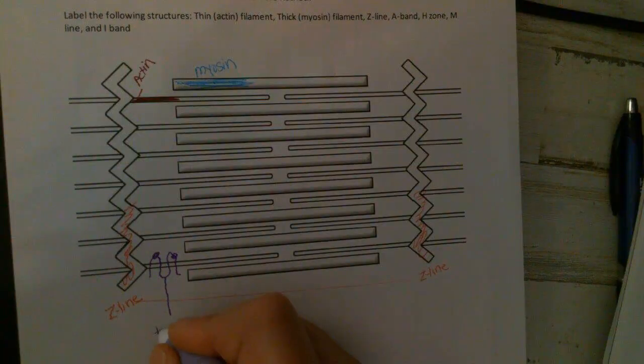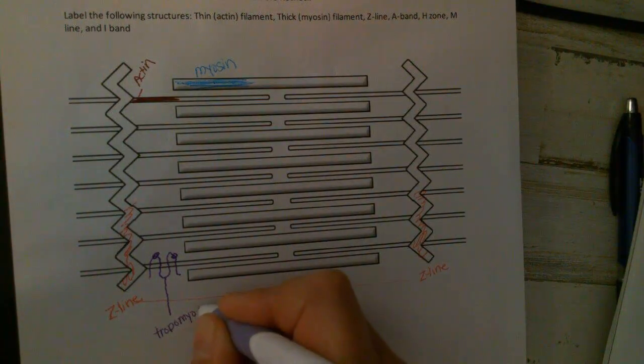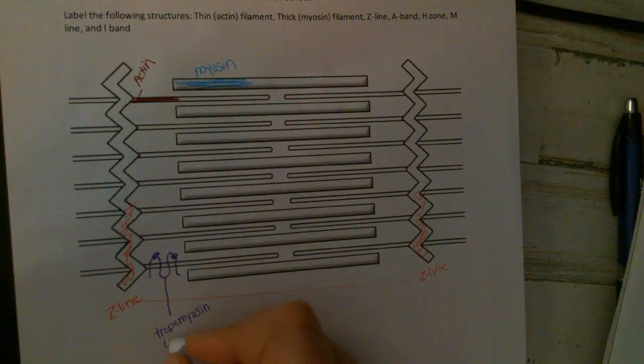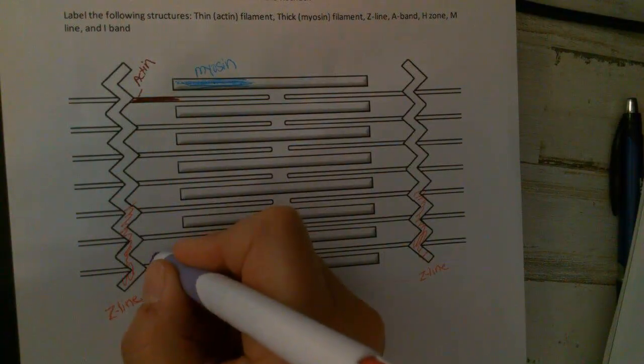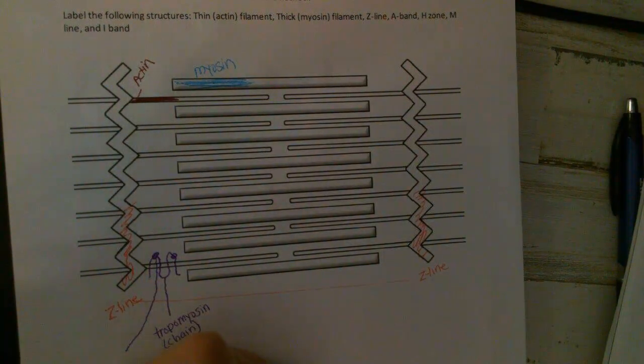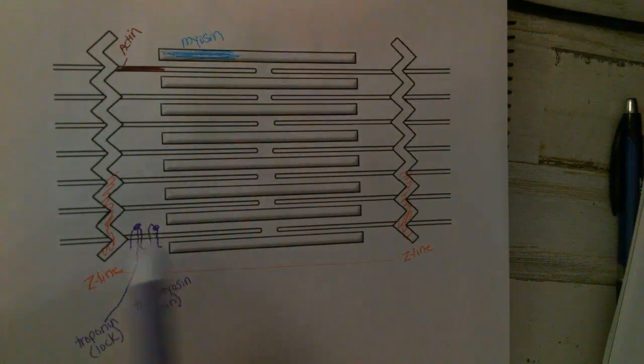The chain is the tropomyosin. It's again another protein. I like to describe it as the chain, and then the lock to the chain is called troponin. And they wrap around the actin filament.